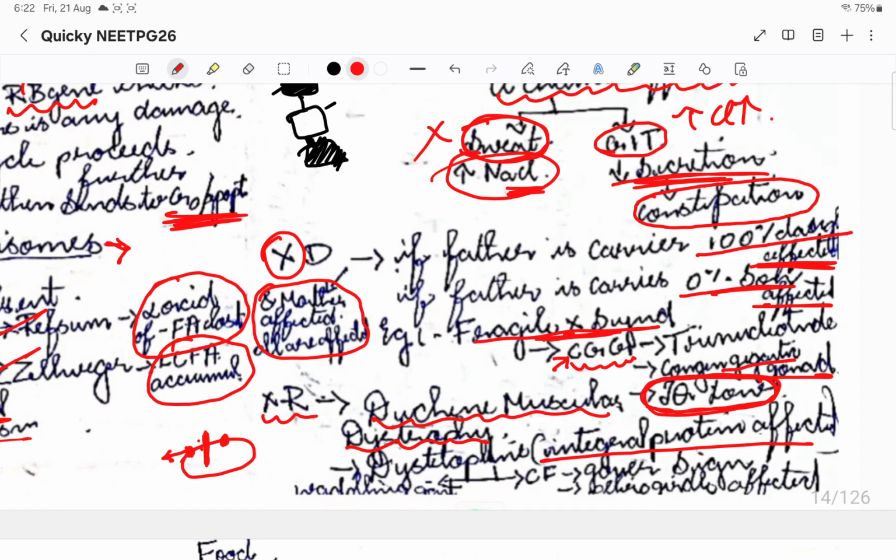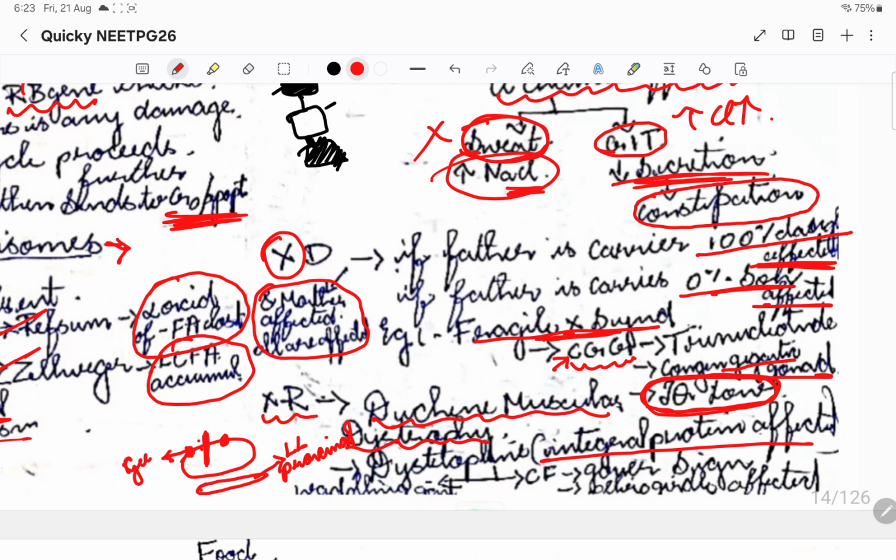In X-linked recessive Duchenne muscular dystrophy, when dystrophin is affected, the most commonly affected muscles are the lower limb proximal muscles. What are the lower limb proximal muscles?